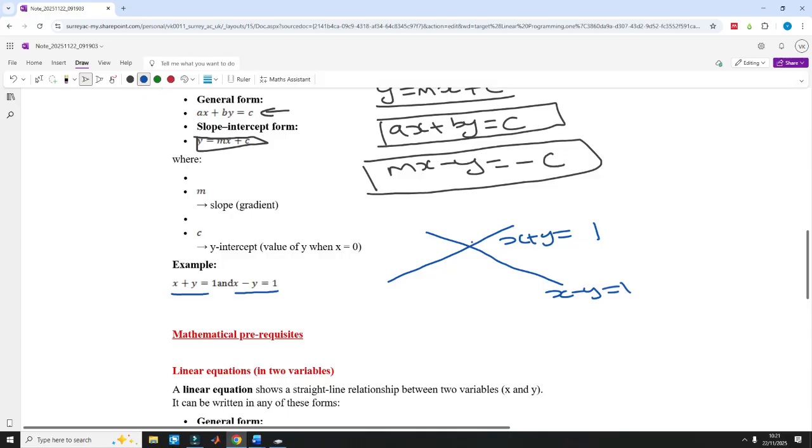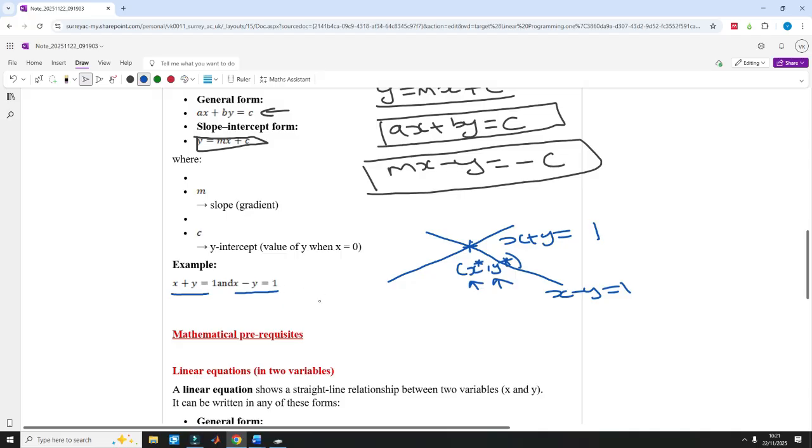So I'm asking you to find the point of intersection, (x*, y*), the values of x and y where both conditions meet: x + y = 1 and x - y = 1.